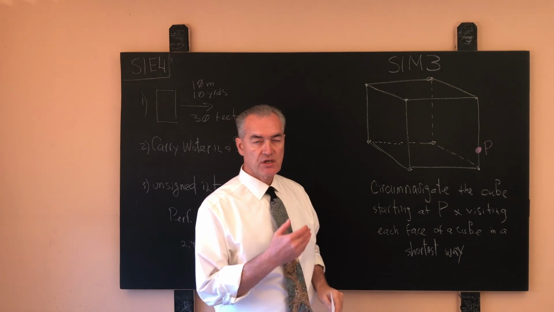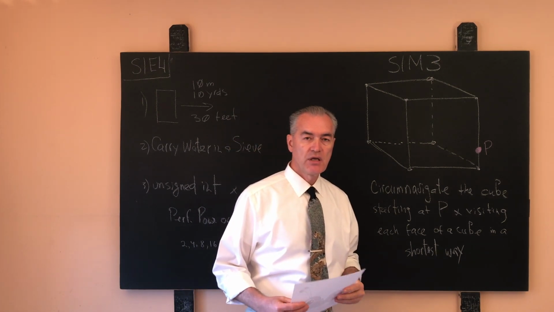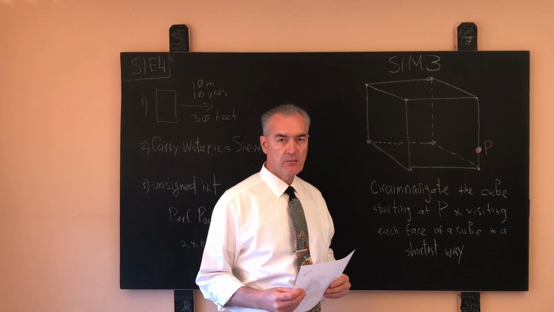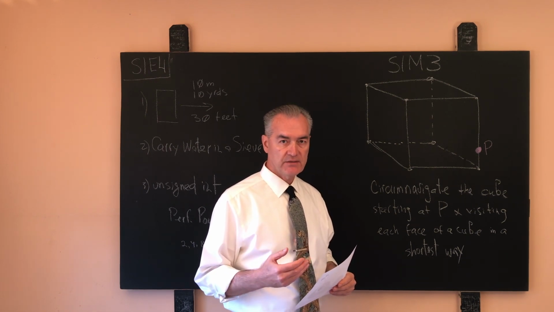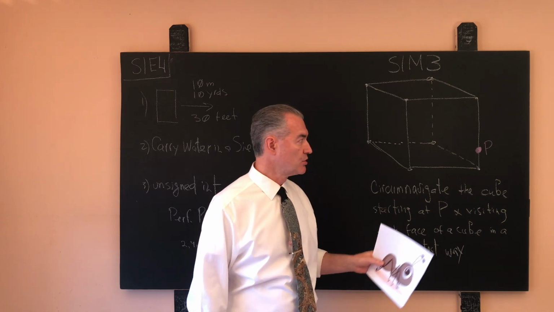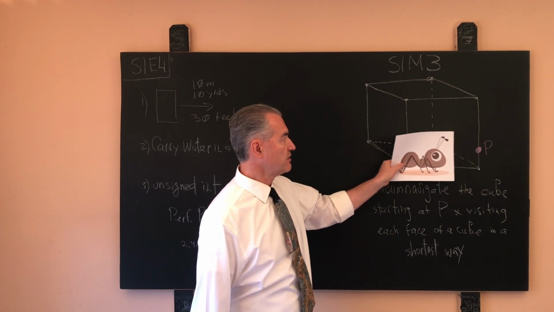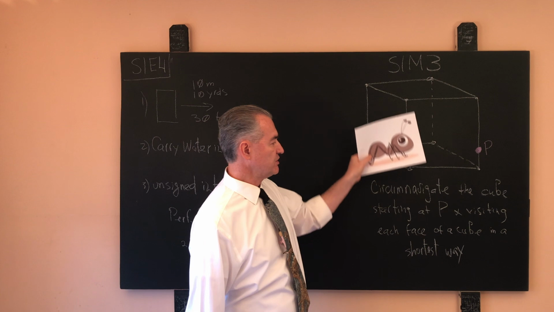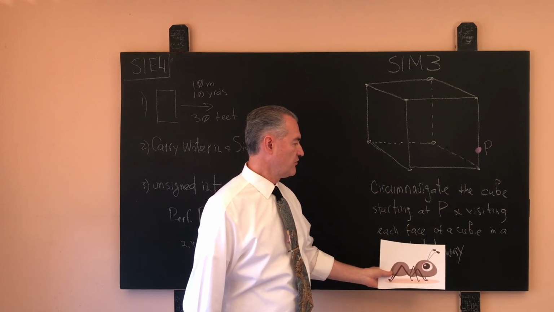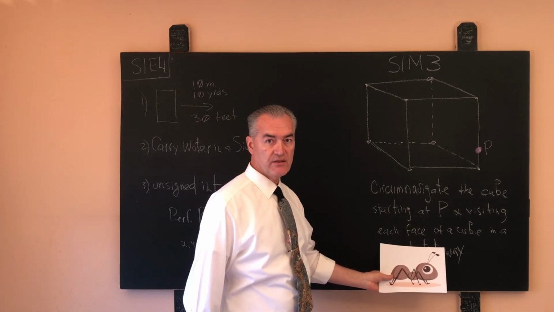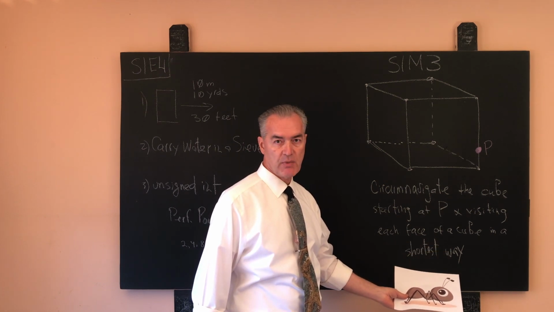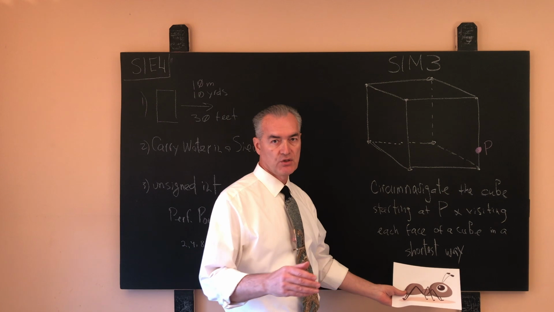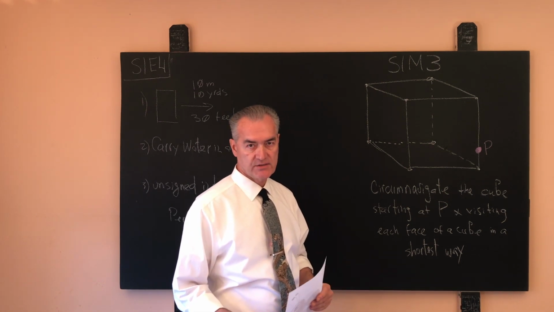The intellectual challenge in this particular problem is to find a path, the shortest path, that the ant can take in order to circumnavigate the entire cube and visit each face of the cube, and then also make sure that that path is the shortest possible out of all the circumnavigating paths.